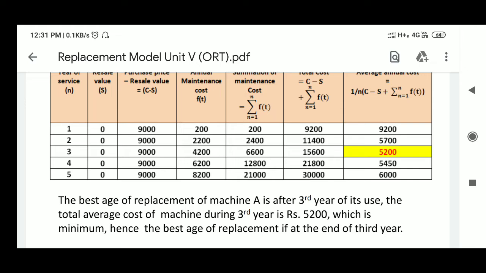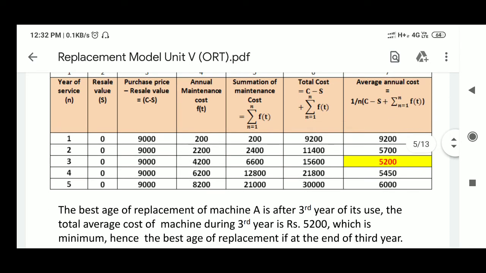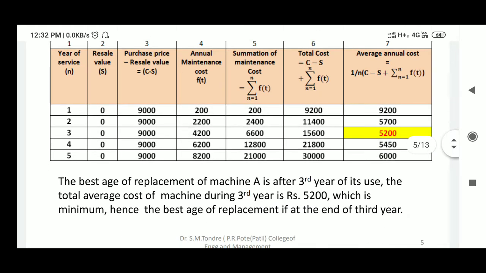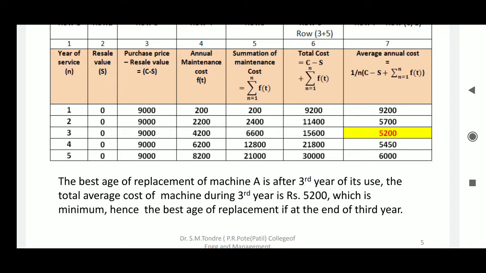And look at column 7, the average annual cost is rupees 5200. This means that if you are using the machine consistently for 3 years, the per year annual cost of running this machine is 5200. This cost for the third year is rupees 5200, which is lower than for the other years, that is the first, second, fourth and fifth years.